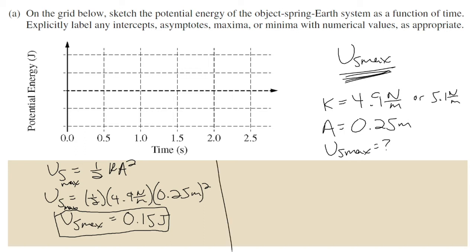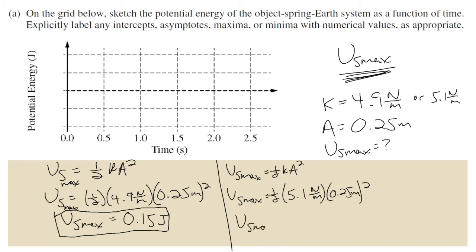Now, I'm just going to go through and show these other calculations very quickly. So the first thing we can say is, well, what if you did the spring constant calculation the other way and you got the spring constant as 5.1? Well, is that a problem? No. As I mentioned, these are not meaningfully different as far as the answer is concerned. So instead of doing 1/2 of 4.9 times the amplitude squared, we're going to do 1/2 times 5.1 newtons per meter times 0.25 meters, whole thing squared.